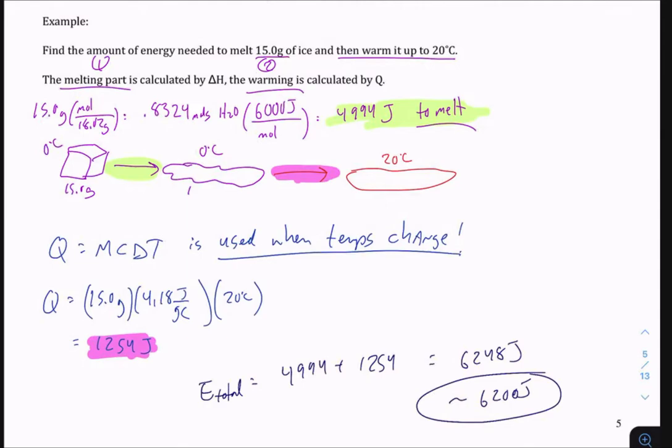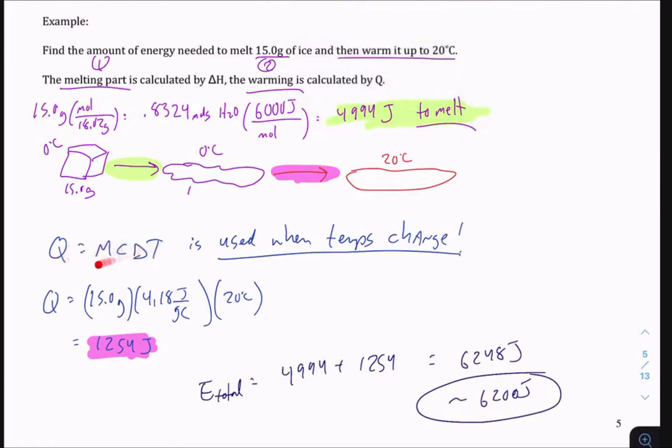The point of this question is for you to recognize that when heat is absorbed, a substance may change state, or it may change temperature, or both may happen. And you need to know how to approach the calculation when that happens. If I said to you, here I've got a beaker of water, it starts at 20 degrees, and I heat it up until it gets to 70 degrees, the only thing that has happened was a change in temperature. And so the only calculation you would carry out in that scenario would be this.